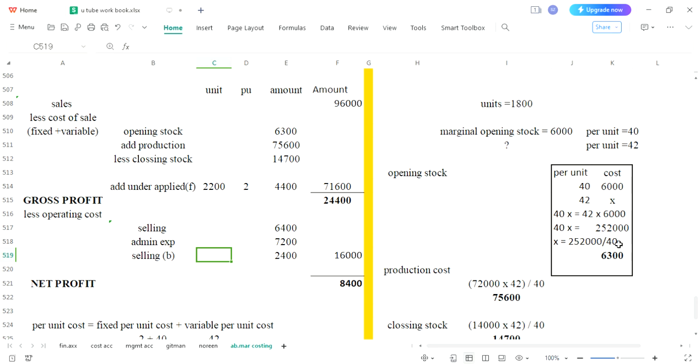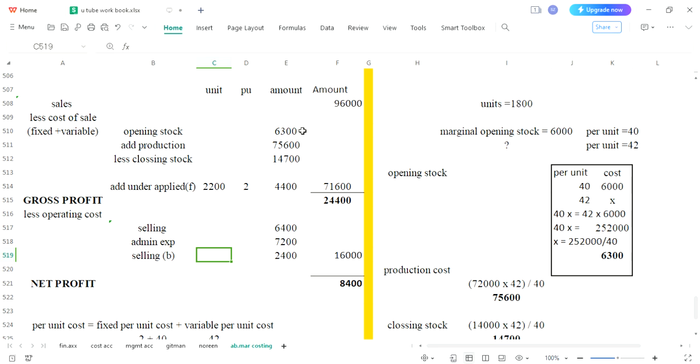This is the only twist, and we have mentioned over here as well. So all three items were changed: opening stock, production and closing stock, from marginal costing to absorption costing, just by adding the fixed cost element. Nothing else is different. These selling admin expenses we have taken from the book, and there is no complication. 96,000 was given in the book, no complication.